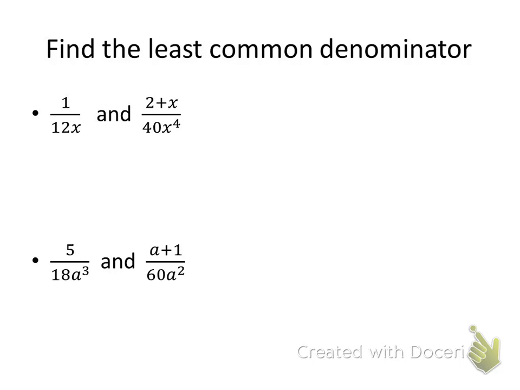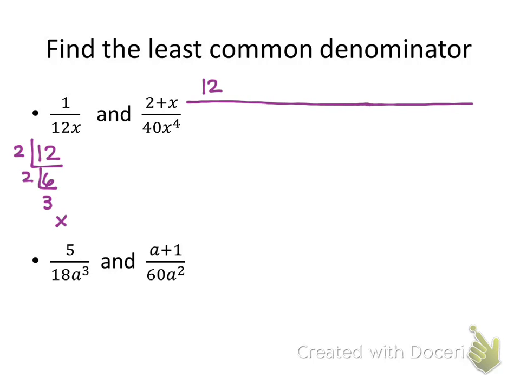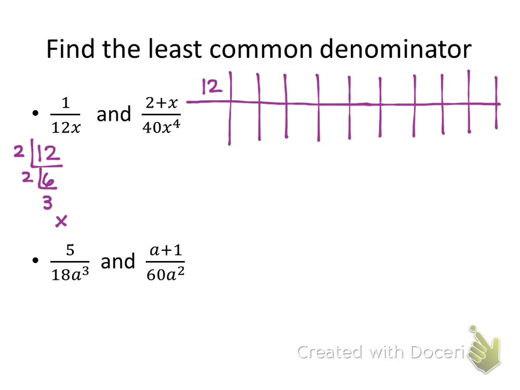So what we're going to do is our factor boxes, just like we did. I'm going to do upside down division of 12: 2, 6, 2, and 3. And then I have 1x. So these are my factors here. I'm going to do lots of boxes.